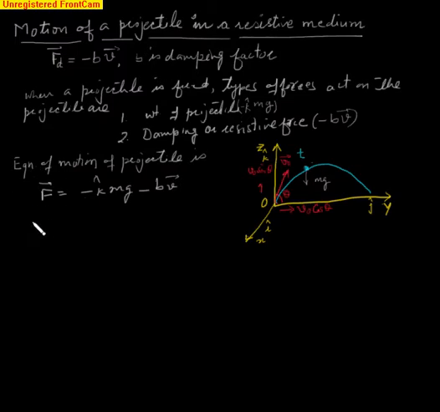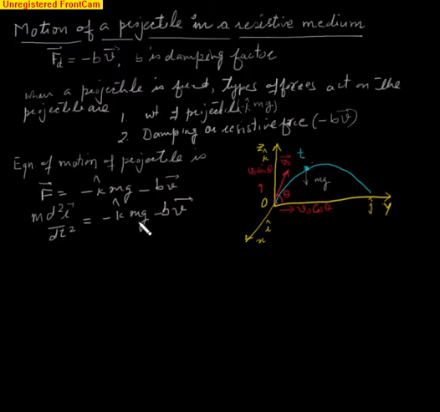But this net force may be written as m into d2r over dt square, equal to minus k mg minus bv.